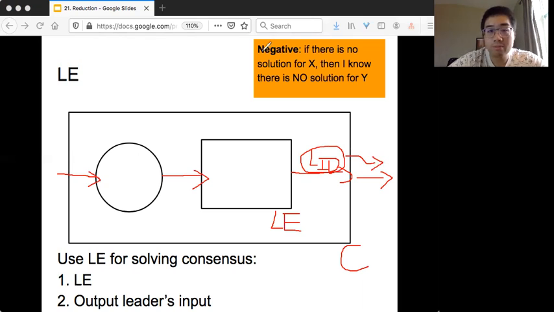And so what's the implication? Now the implication is that by FLP, we know that consensus is impossible to solve. So it's actually impossible to solve leader election in this particular case.